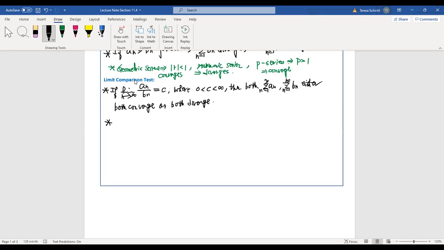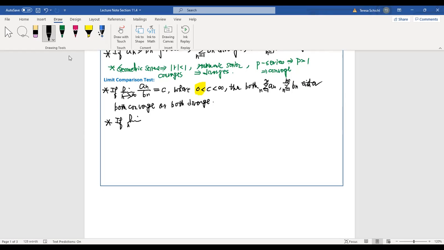Then the second one here. Remember the c in the first case has to be greater than zero.